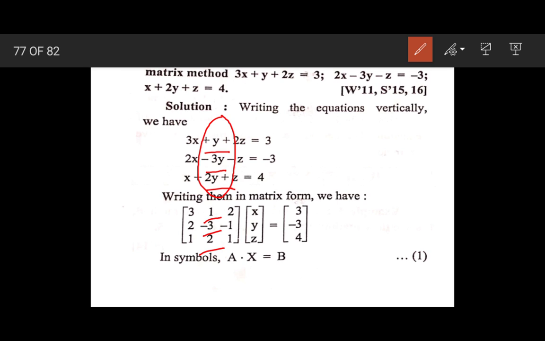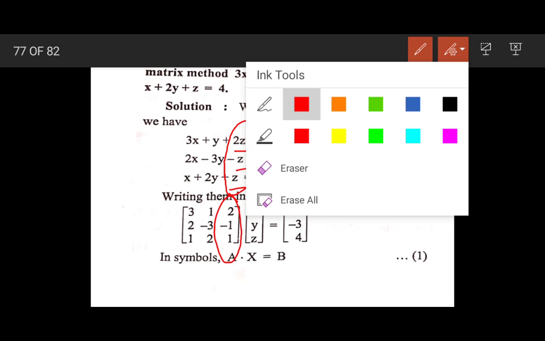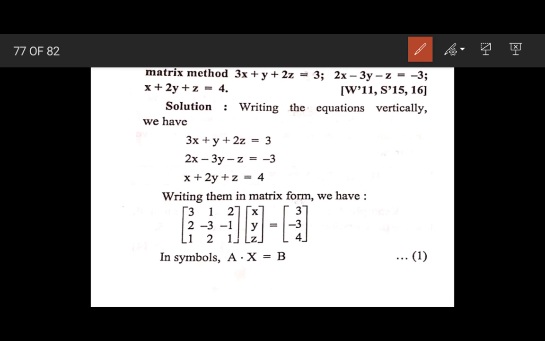Then the coefficients of z. In the first equation the coefficient is 2, in the second equation it is minus 1, and in the third equation it is plus 1. So 2, minus 1, 1.